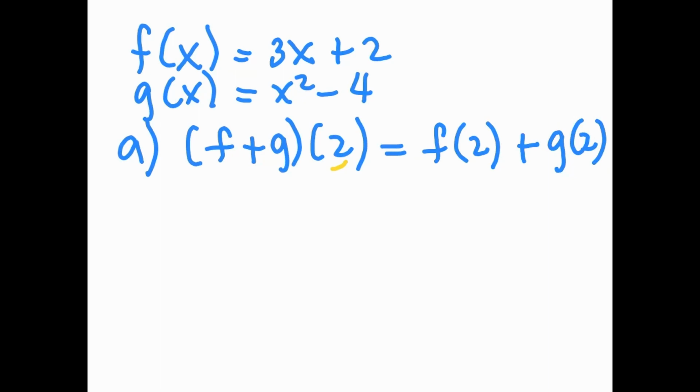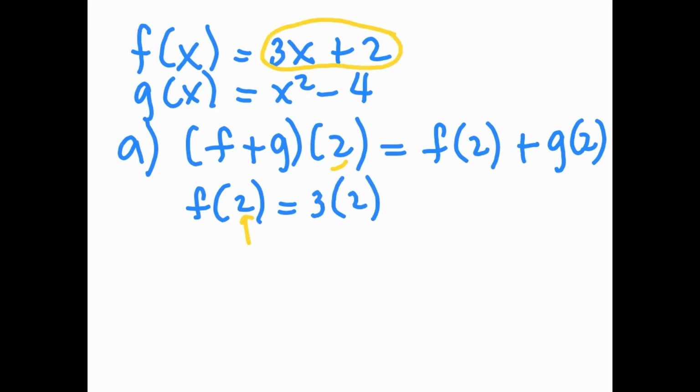So here f of 2 is of course equal to, just substitute this value of x, which is equal to 2, into this expression for f of x. We'll then get 3 times 2 plus 2, which is 3 times 2 is 6 plus 2. This will be equal to 8.